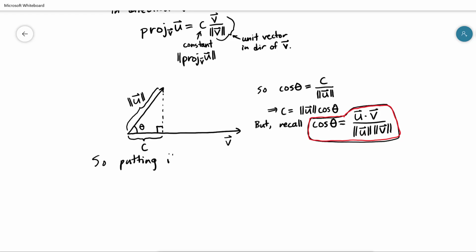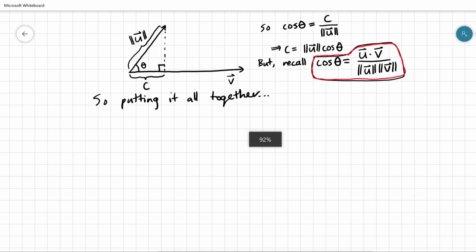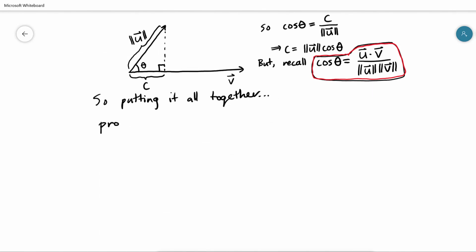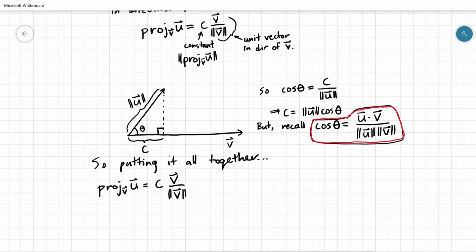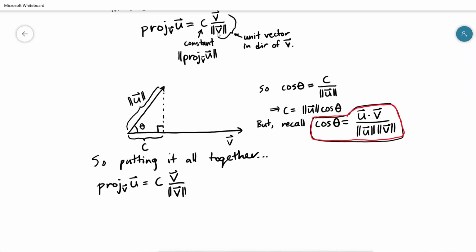Putting it all together. What we've got is that the projection of u onto v is equal to some constant times v over the magnitude of v, right? This was just what we had written right up here.